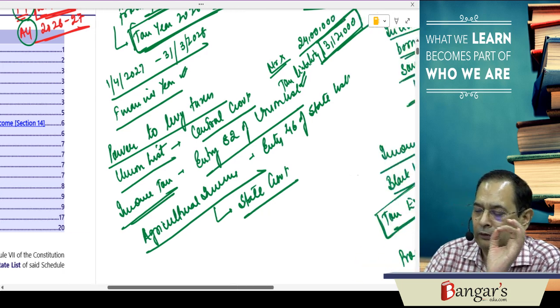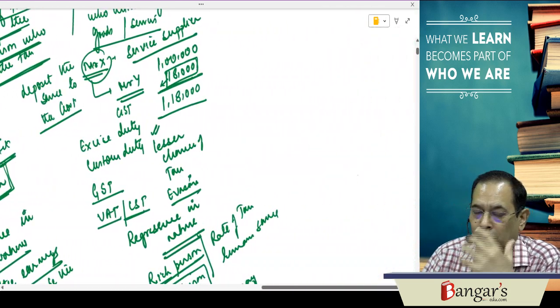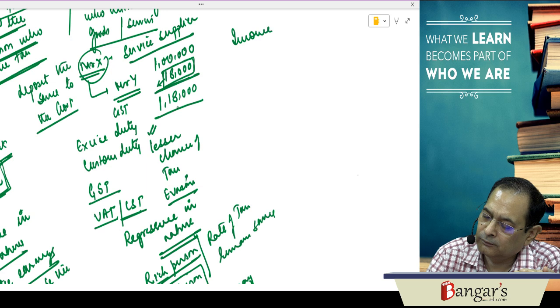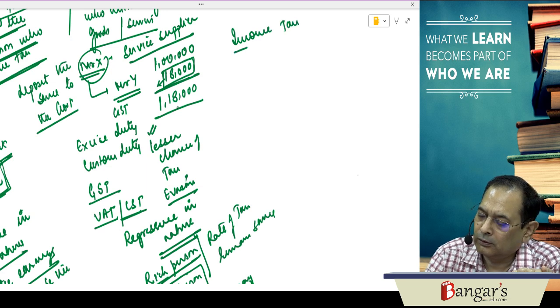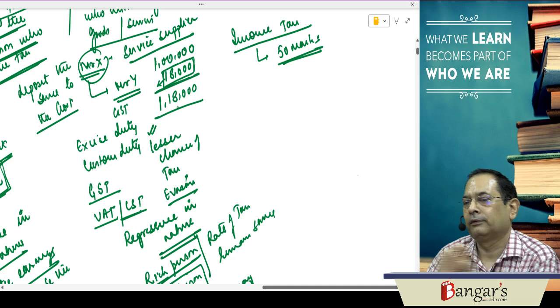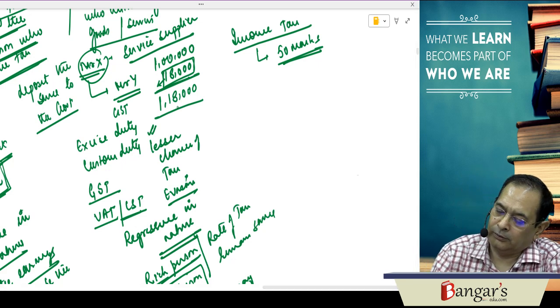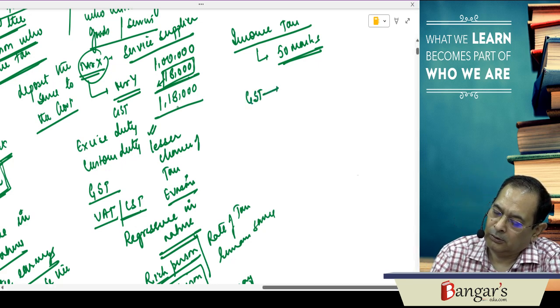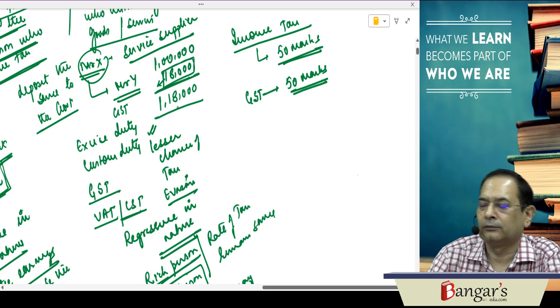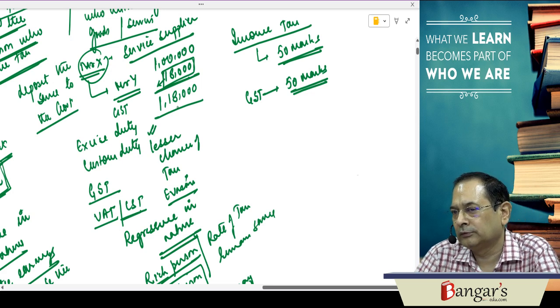So when we go with your division, you have to do both income tax, which is a 50 marks portion, and GST, which is also a 50 marks portion, in the intermediate level.